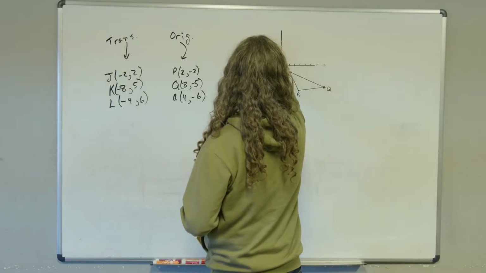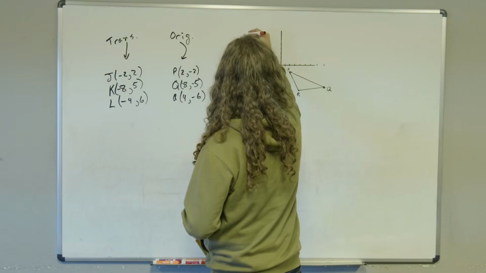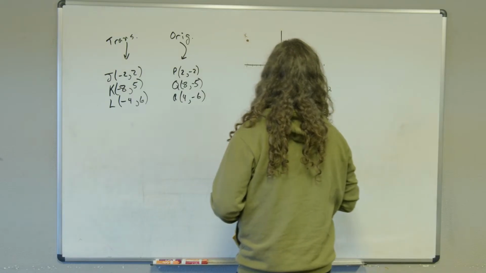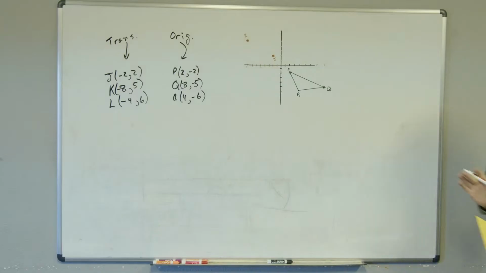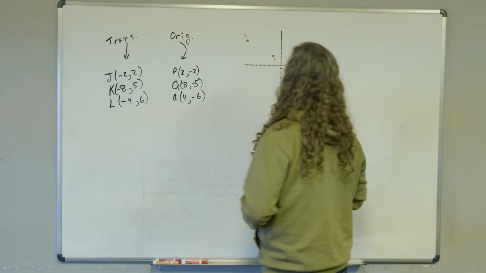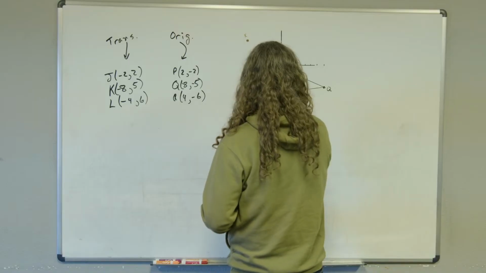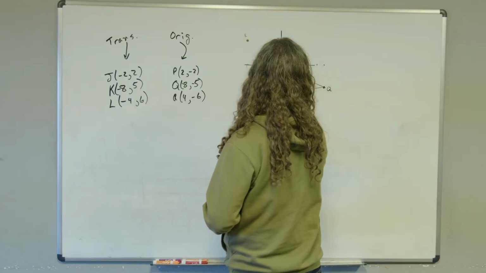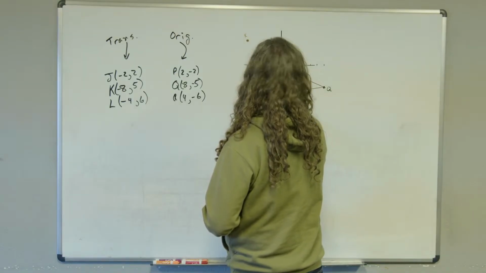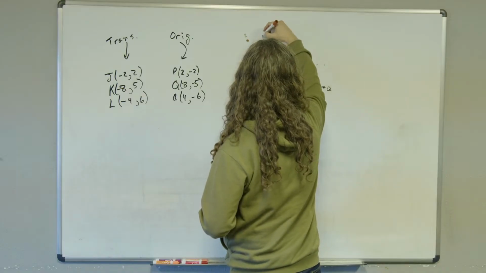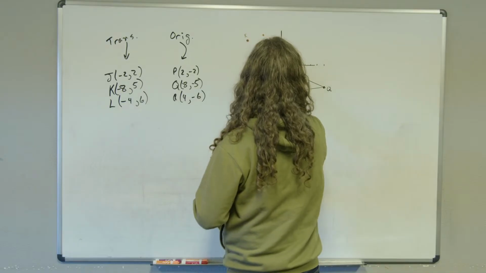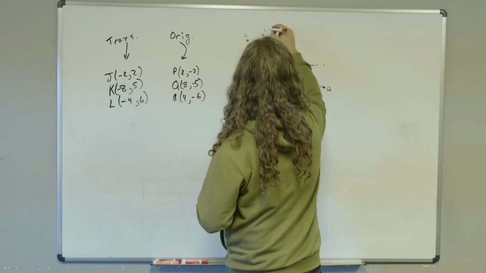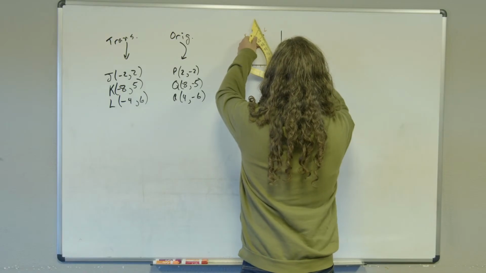So he's up here. I'm obviously not drawing my scale perfectly, but I think we'll be able to get what's going on. And then L is at negative 4, negative 1, 2, 3, 4, positive 6. This is L. And we connect the dots.